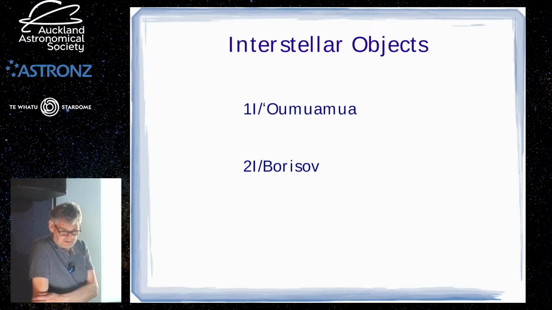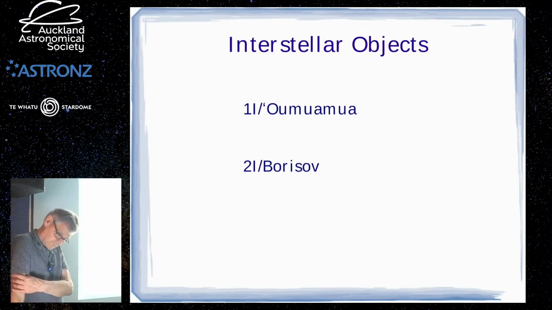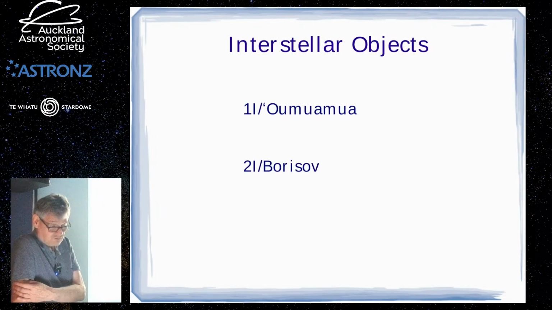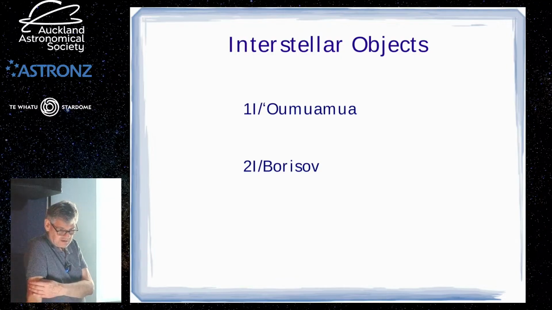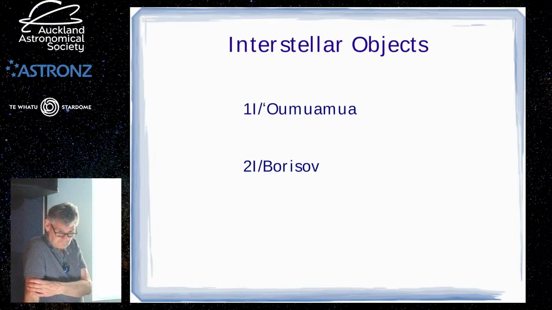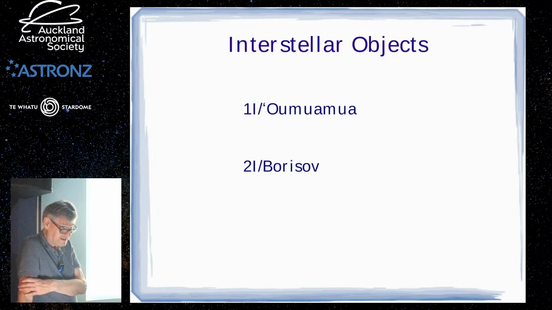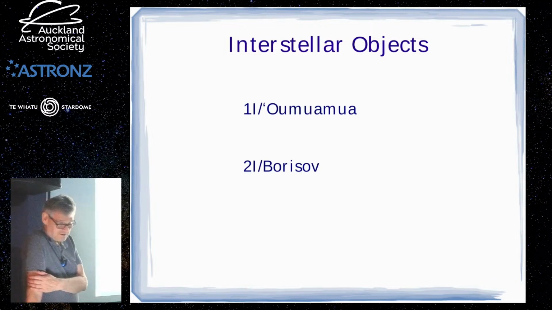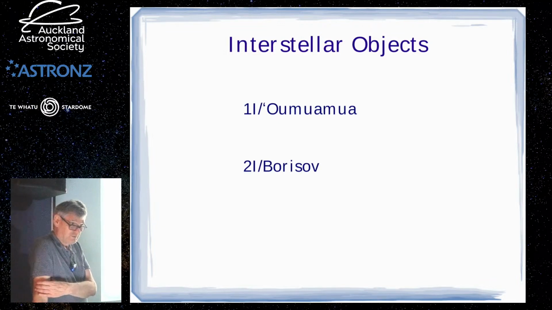The reason it was given a personal name is because 1I is an asteroid, whereas 2I is actually a comet, so the discoverer got his name attached to it. And there's a third one, also identified as a comet, 3I Atlas, currently passing through the solar system as we speak.